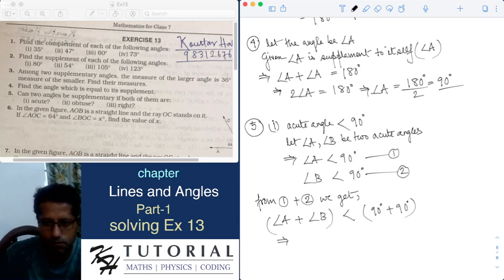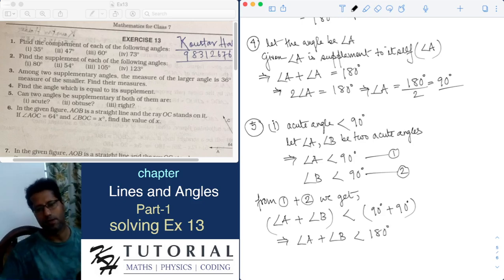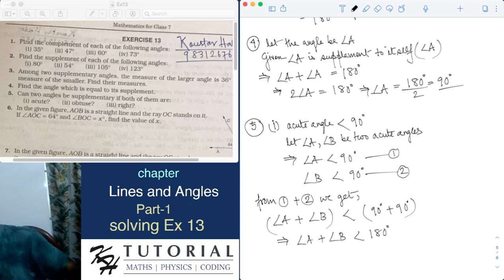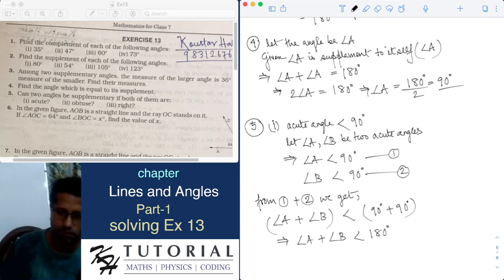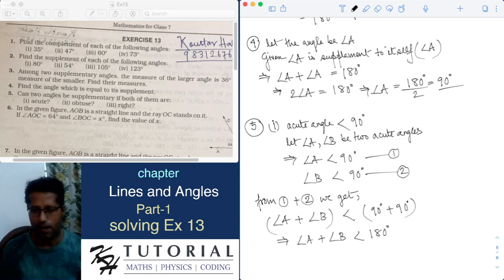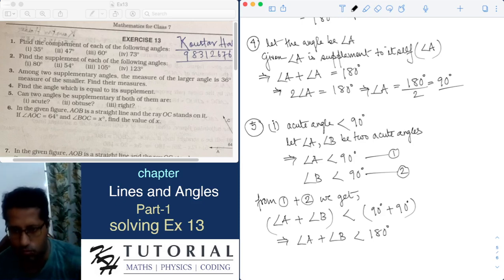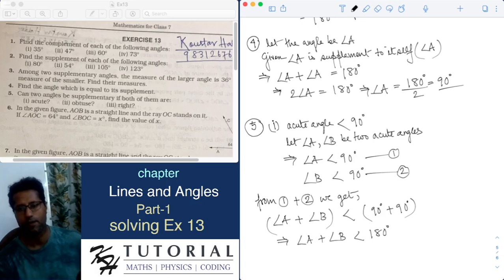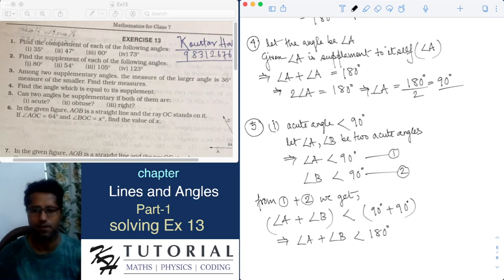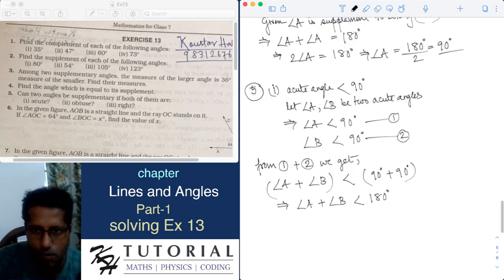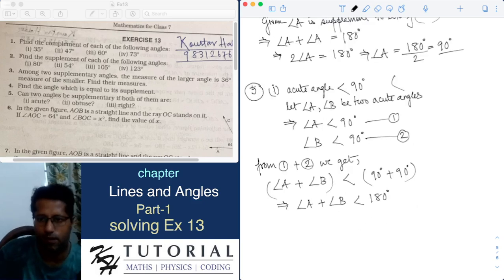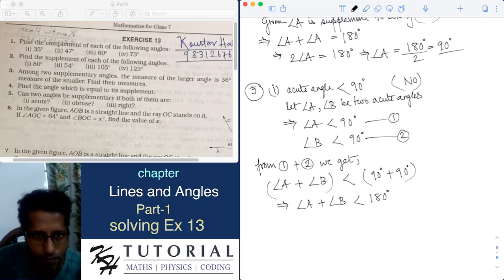This implies that angle A plus angle B is less than 180 degree. Hence, angle A and angle B cannot be supplementary angles because the sum of two supplementary angles is 180 degree. And if the two angles are acute, then both angles are less than 90 degree and their addition will always be less than 180 degree. So two acute angles cannot be supplementary.